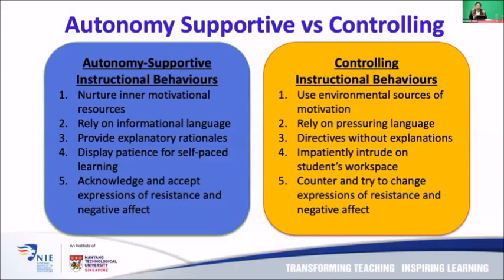They will try to change the student's behavior immediately and stop students from showing negative effects. So these are the differences in terms of the instructional behavior in the classroom.